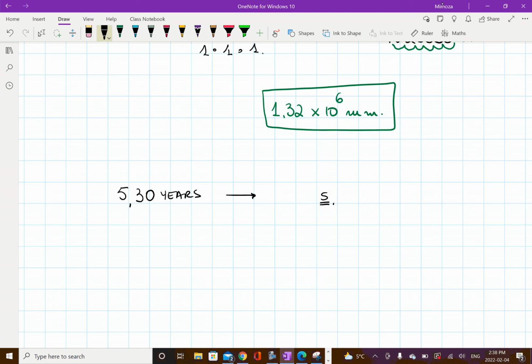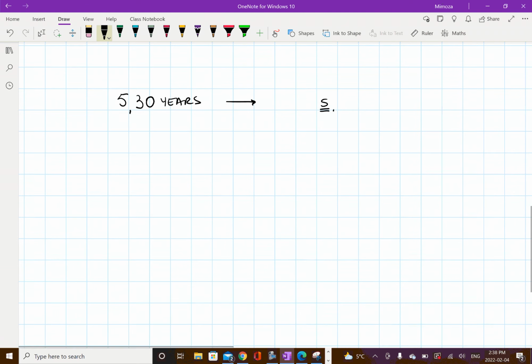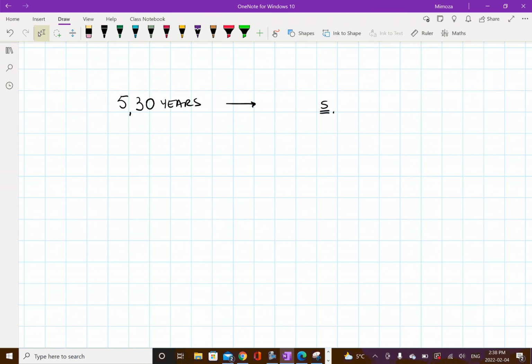If you want to find how many seconds a 5.30 year old kid has had in his life, we'll use the same logic. So we'll start with what is given, and then we'll move from years to days, and we'll consider that in a year there are 365 days, to hours, and then to seconds. You can move through minutes and seconds, or go to seconds straight.